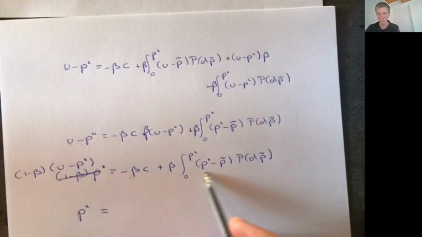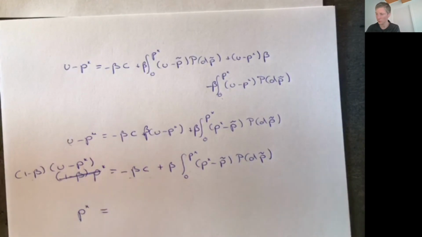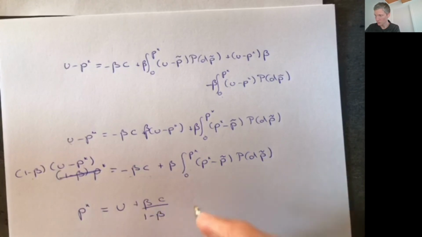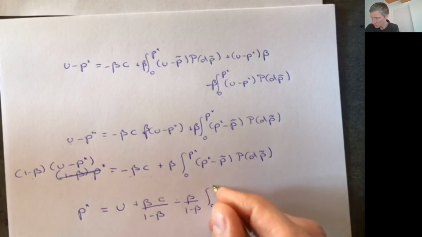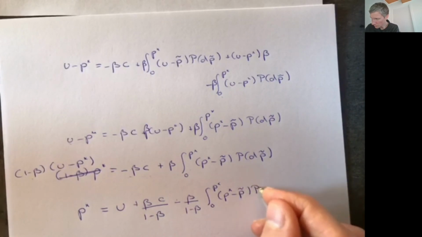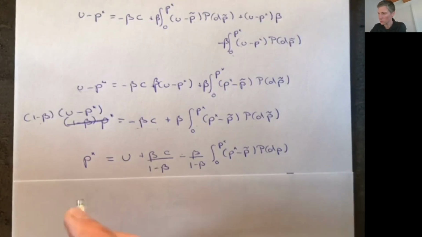I can divide this by 1 minus beta if I bring it to the other side, and then I have u here. This becomes plus beta c over 1 minus beta, and this becomes minus beta over 1 minus beta times the integral from 0 to p star of p star minus p tilde p dp. Okay, so one last step.